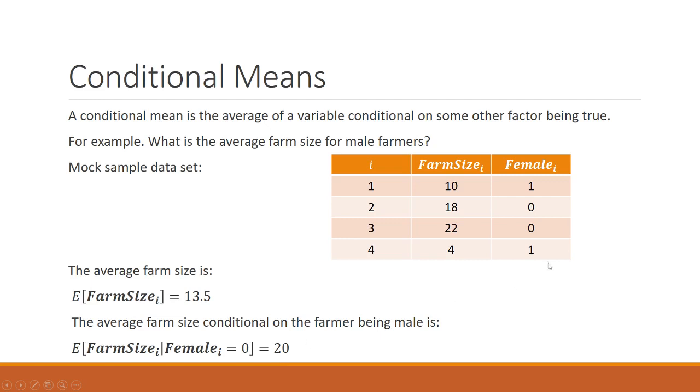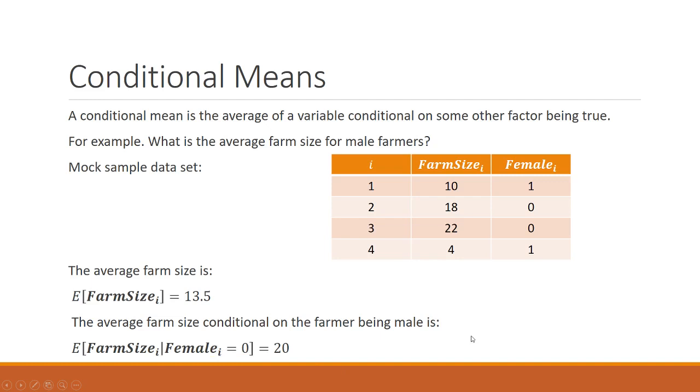I want to take the average of the variable farm size for the people who are male. So I would write that like this. The expected value of farm size, this vertical bar here means conditional on female equaling 0. That means that they're male. So the expected value of farm size, conditional on the farmer being male, is 20. That's a conditional mean. That'll be really important.